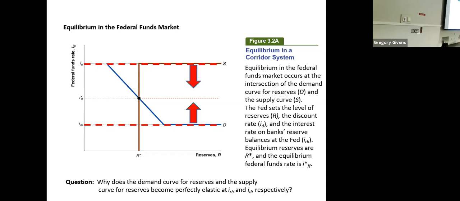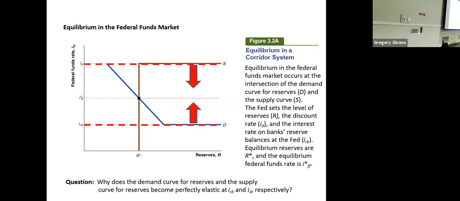So, Jameson, if the Fed wanted to increase the funds rate, what does it do in a corridor system? It would shift the supply of bank reserves to the left. And how would it do that in practice? By selling treasury securities in the open market, thereby pulling bank reserves out of the banking system.